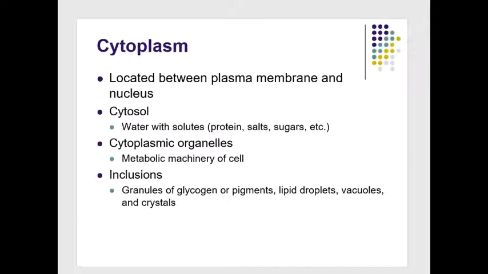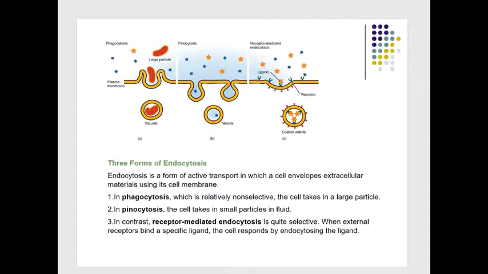And then we also have inclusions. Inclusions are granules of glycogen or pigments, lipid droplets, vacuoles, and crystals, all kinds of other things that are floating around within the cytoplasm that help with cellular functions.